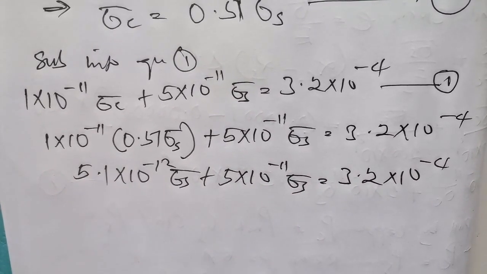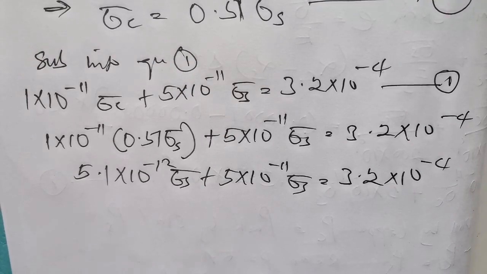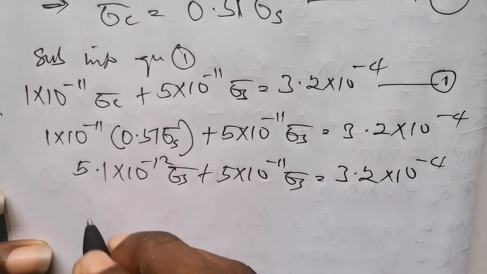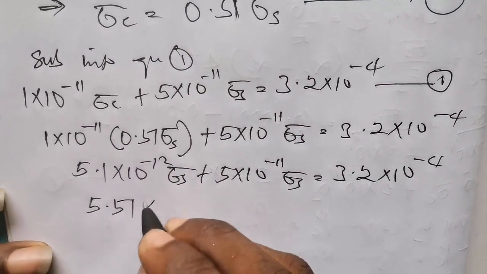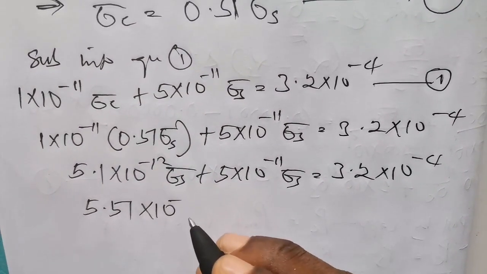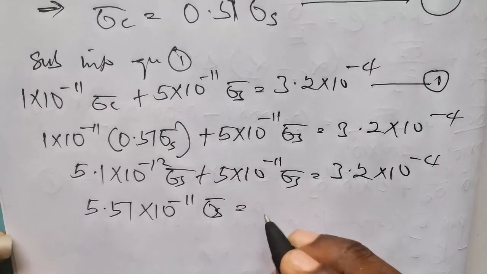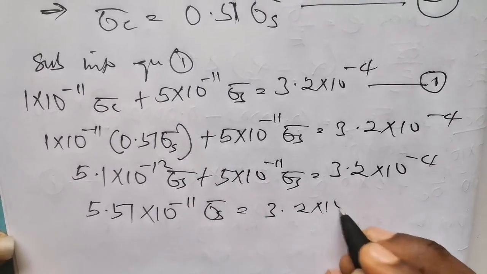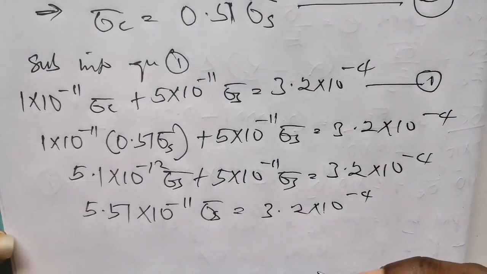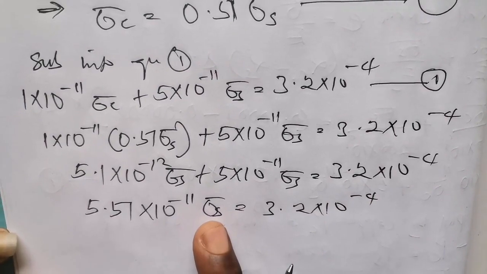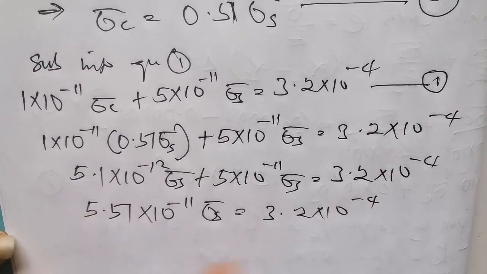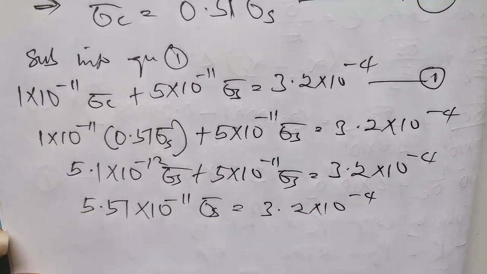So let's add these two equations up. Adding these two up gives us 5.51 by 10 to the power of minus 11 sigma s, and that's equal to 3.2 by 10 to the power of minus 4. Okay, so from here we can make sigma s the subject of the formula, simply dividing both sides by 5.51 by 10 to the power of minus 11.